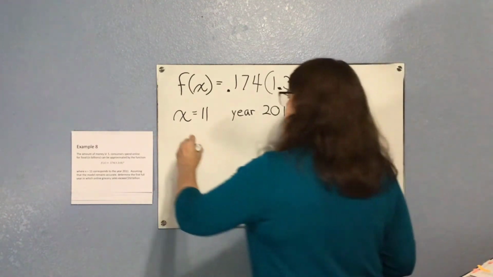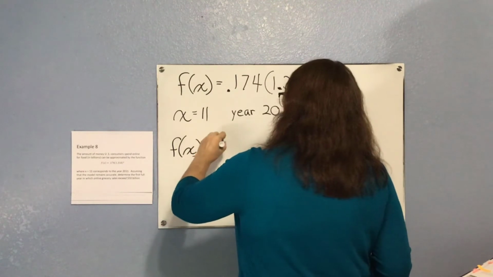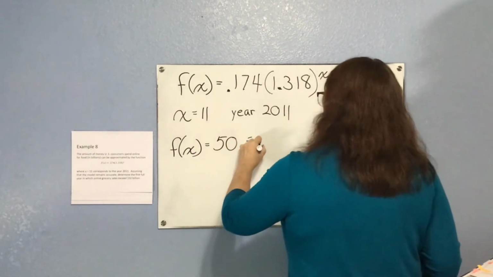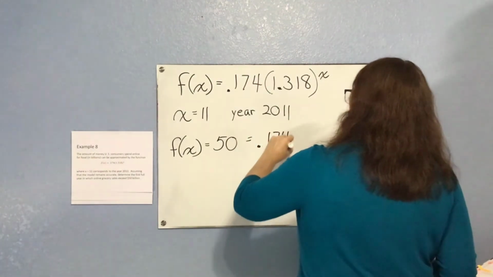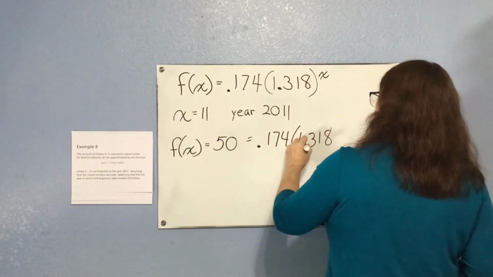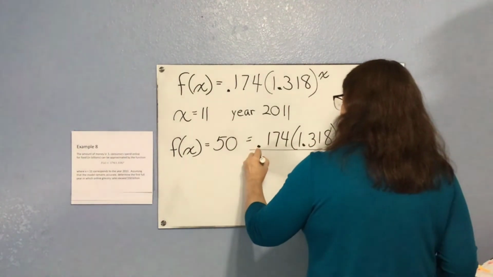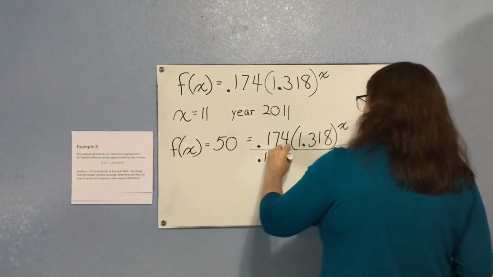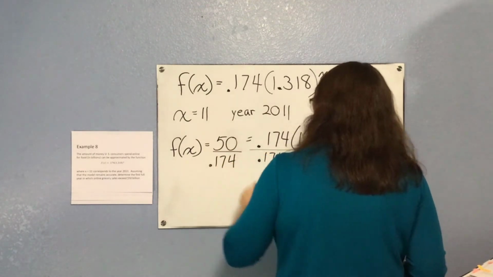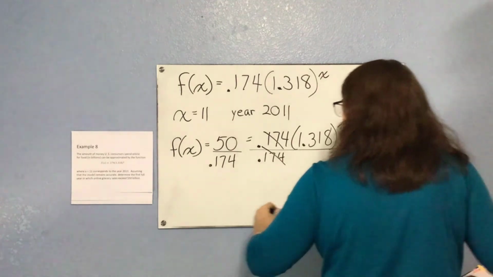Okay, so I want f of x to be 50 billion. I'm going to start by dividing by 0.174. And then take the natural log of both sides.